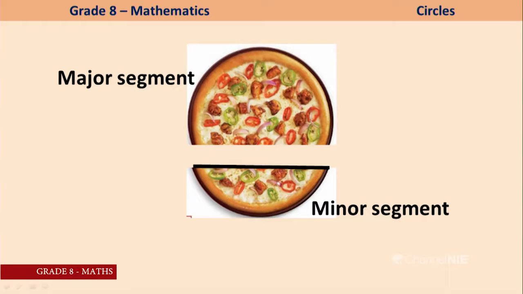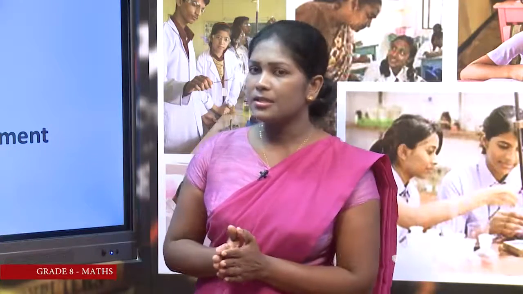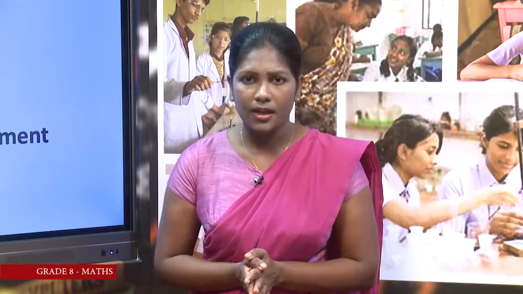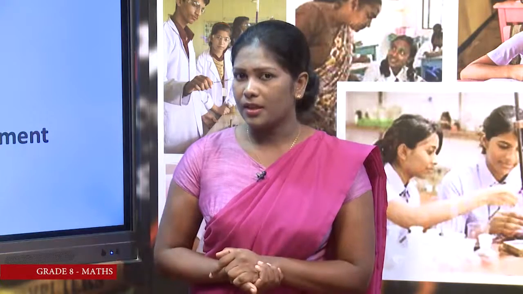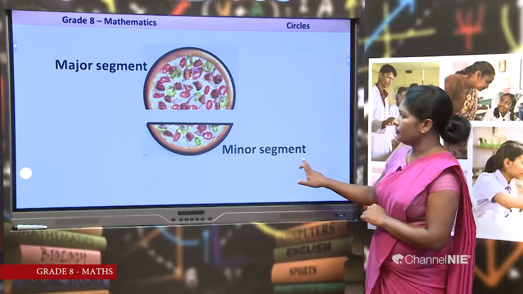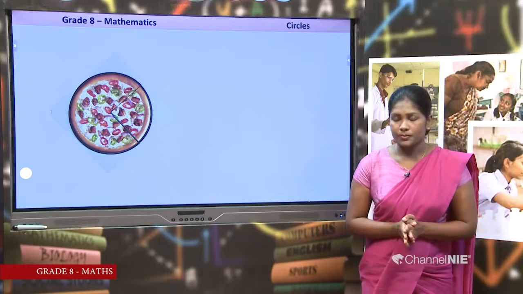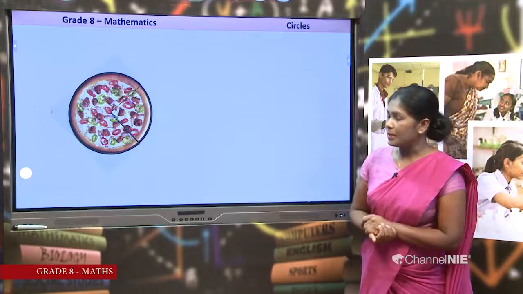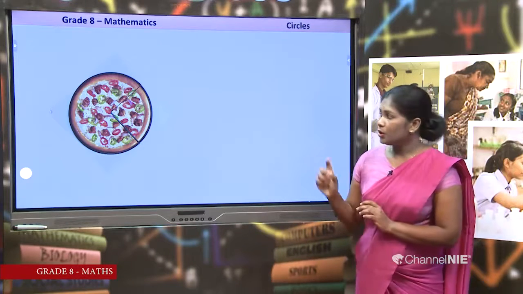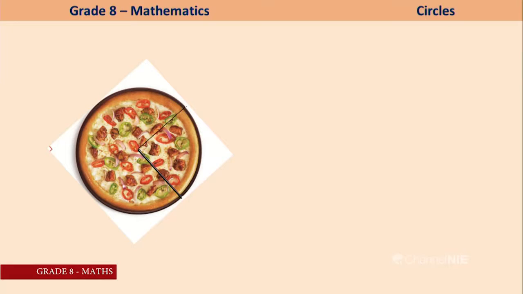Okay children, now you know this pizza is cut in the wrong way. So what is the correct way? Yes, look at that. There is a pizza also. Now this pizza is cut with 2 radii and an arc. Look at the diagram.